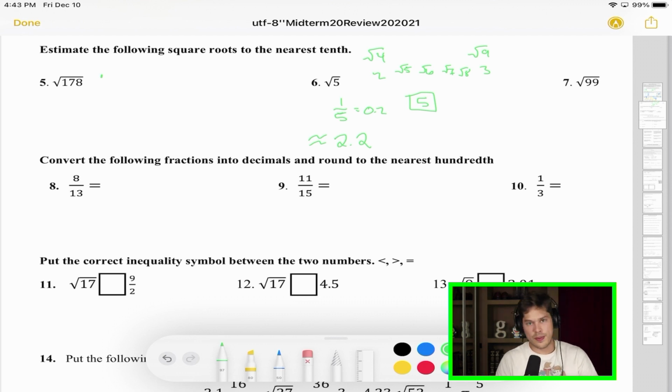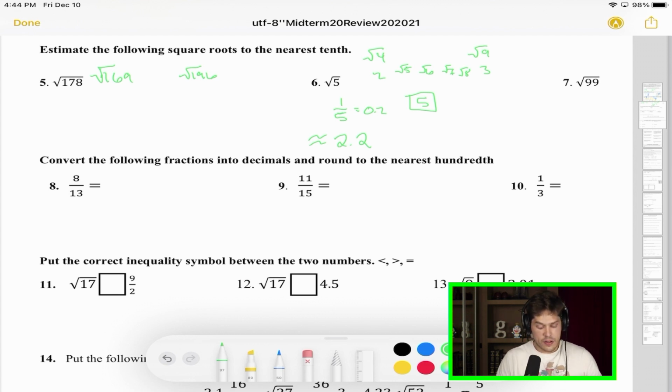Okay, 178, number 5. Again, we know the square root of 169 to be 13, and the square root of 196 to be 14. And what's the distance between 169 and 196?